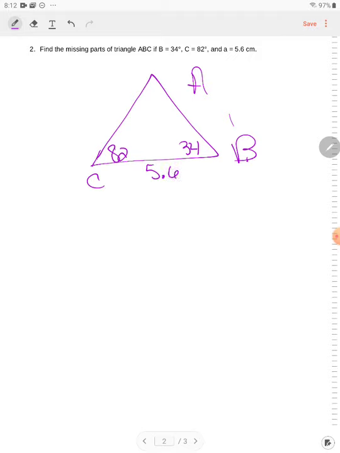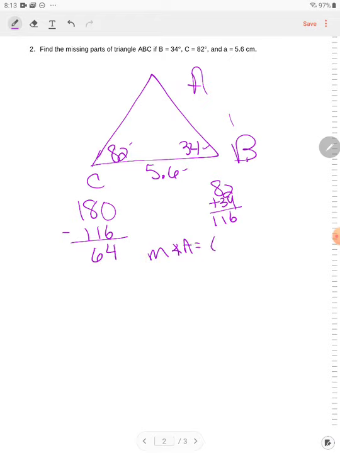We will find angle A. Starting with angle B, it's angle, side, angle. The three angles of a triangle add up to 180. 82 plus 34 is 116. Subtract that sum from 180 and you get 64. So the measure of angle A is 64 degrees.